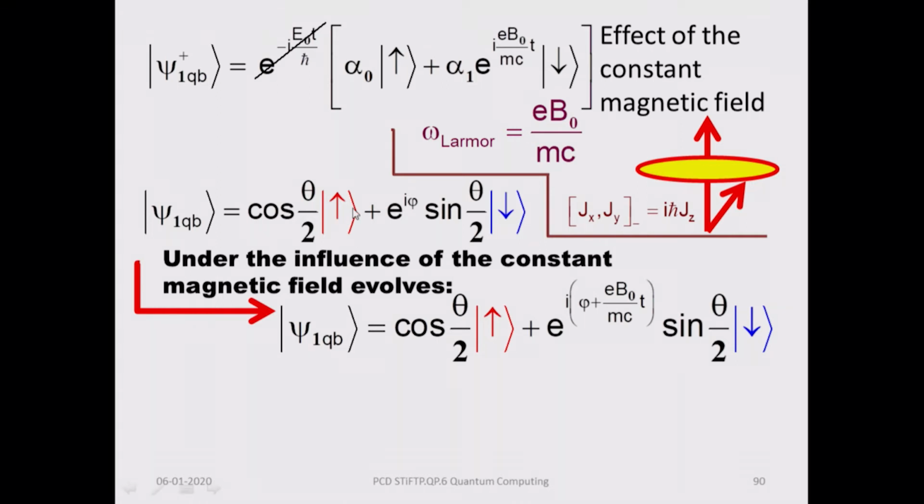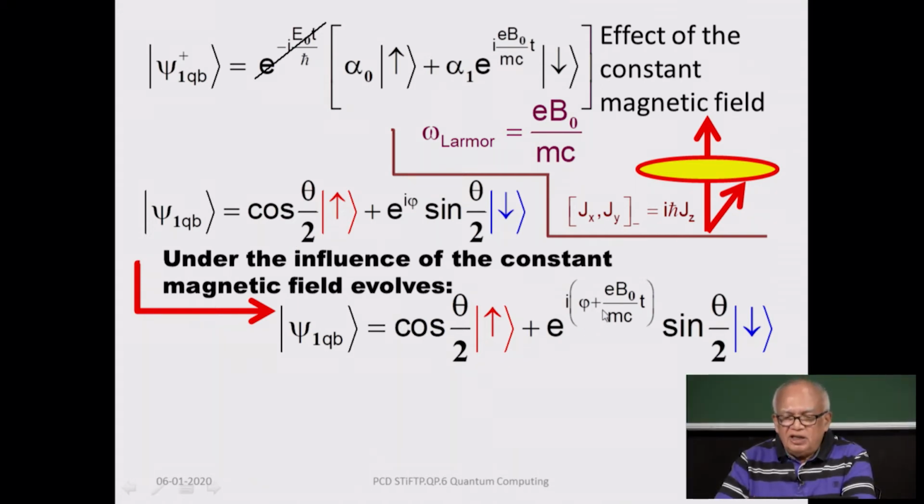The quantum qubit is this, and as time passes, it will evolve such that the phase phi over here will go to phi plus eB0 by mc t. Okay? So this is the dynamic evolution of the state.